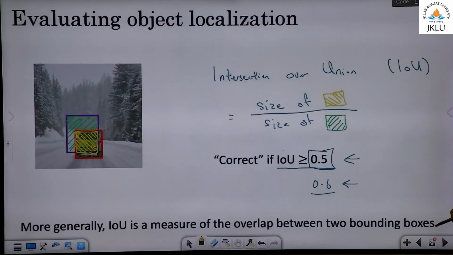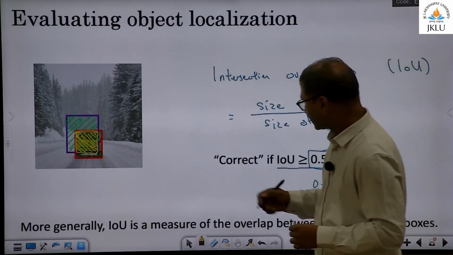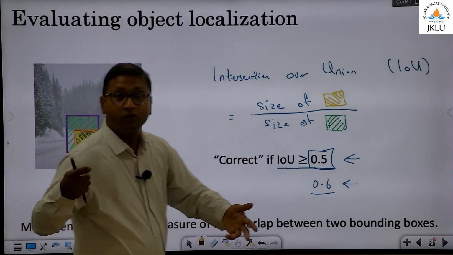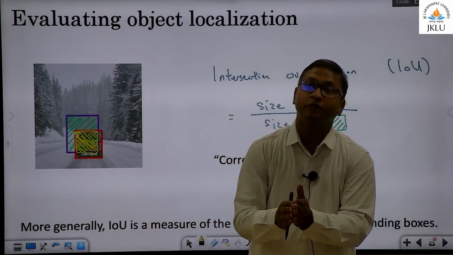Now, why do we have this thing called intersection over union? Again, as I said, the whole of deep learning is hack. Whatever came to your mind at that time, whatever is easier to code, you do it, right? Because all these papers that we are studying here were the first to do something that was not done before.